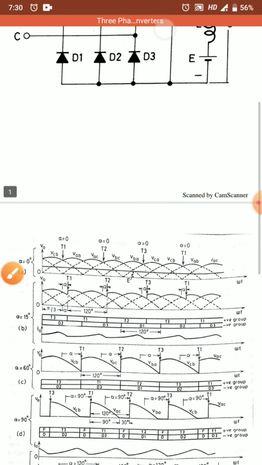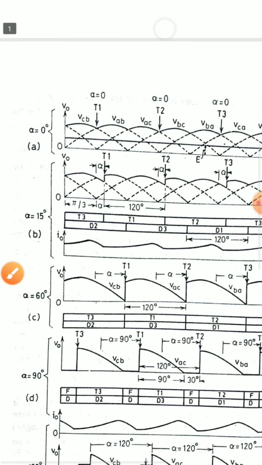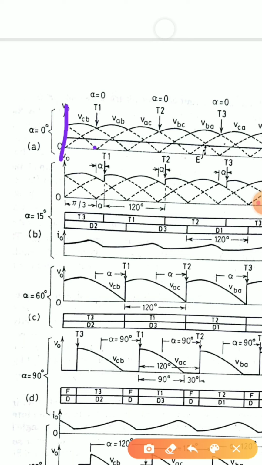Now let us see the operation. As I have said, if the firing angle is 0 degree, the firing is given at this point. To this I have to add 60, so this is 60. For example, let us consider this to be a full wave, with marks at 60, 120, 180.